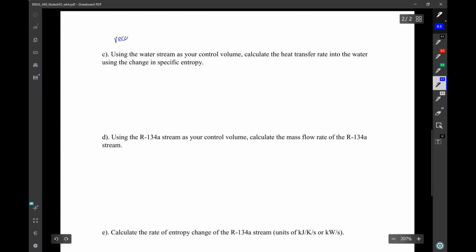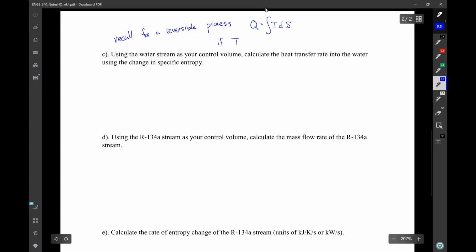So recall, for a reversible process, which this is, Q equals the integral of T ds.